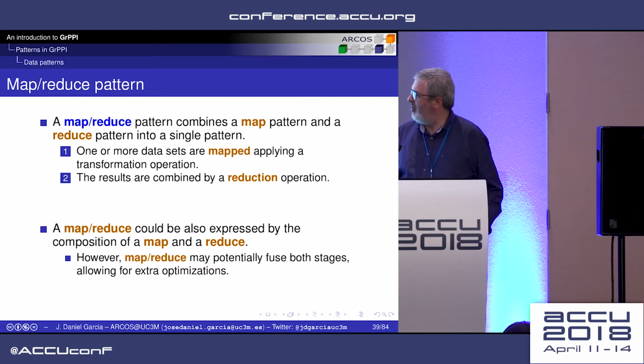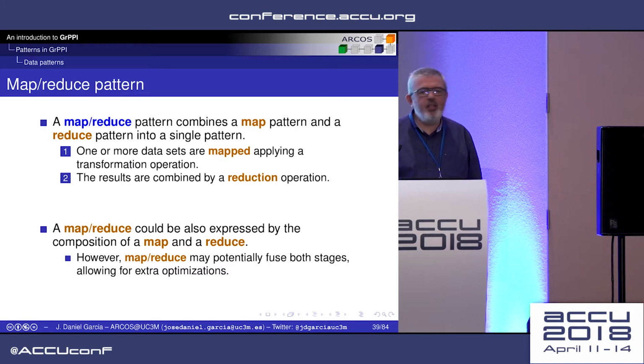And then we have the reduce phase. And the idea, as in the STL, of having a separate map reduce instead of doing map and then reduce is that you can fuse both operations and you have access to extra optimizations with some backends. So this is the idea of the map reduce.